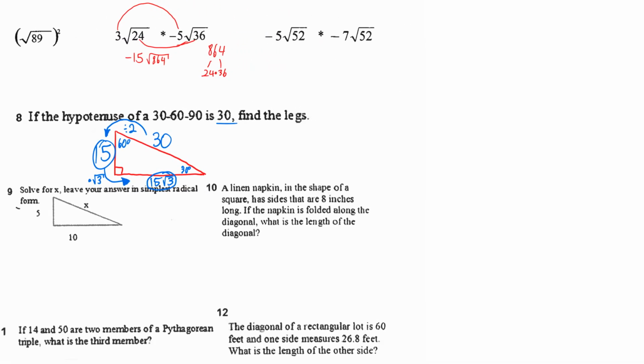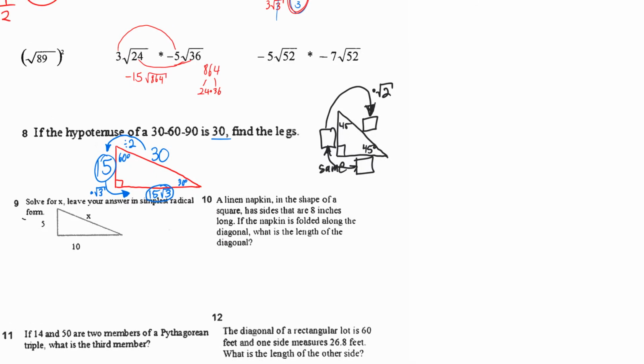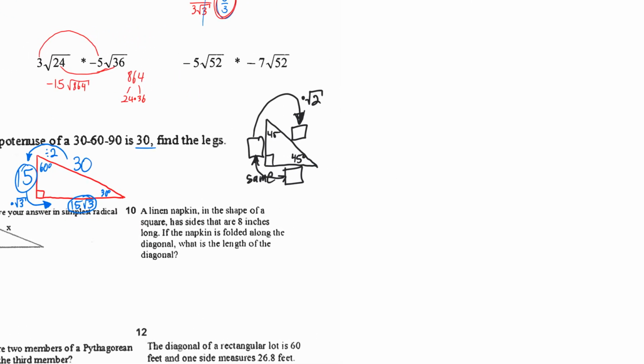Let's write out our rules right here real quick. On a 45, 45, 90, what do you know about these two sides? They're equal, they're the same. If you want to get from a leg to the hypotenuse, multiply by the square root of 2. That's a 45, 45, 90.